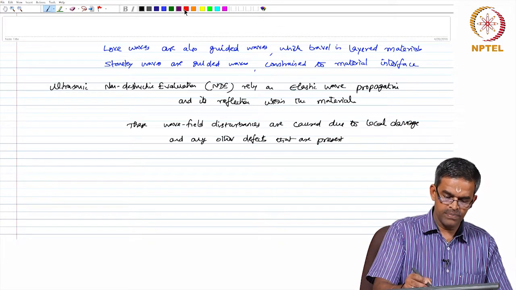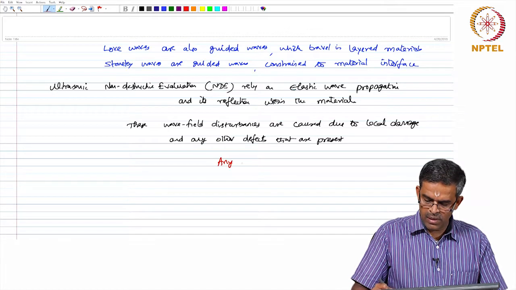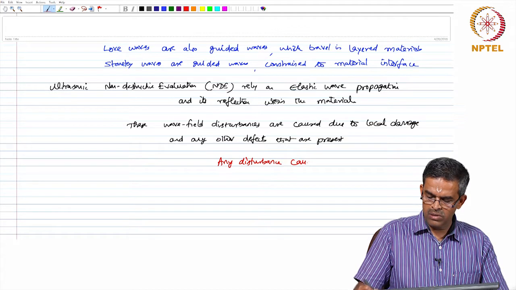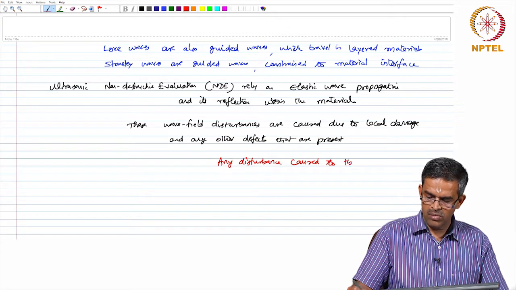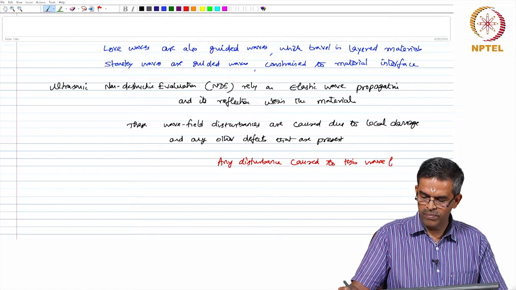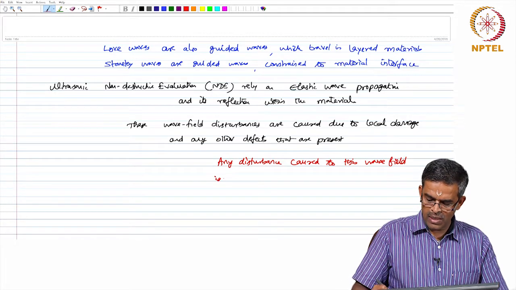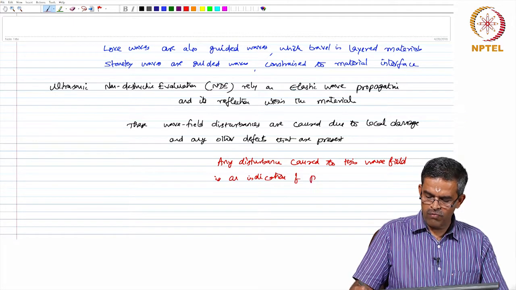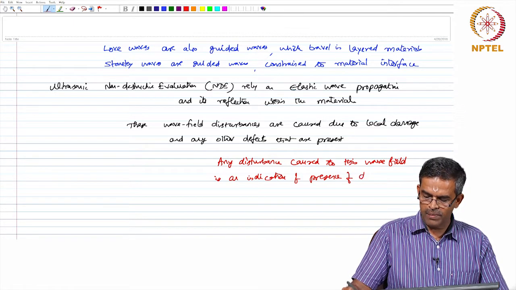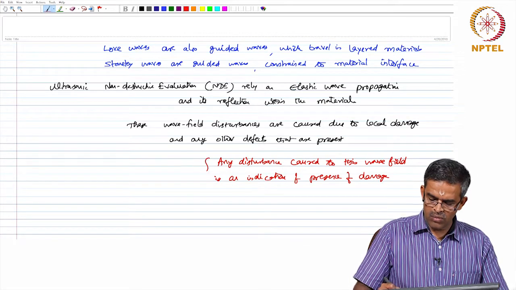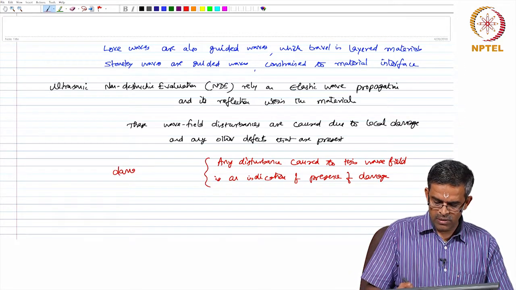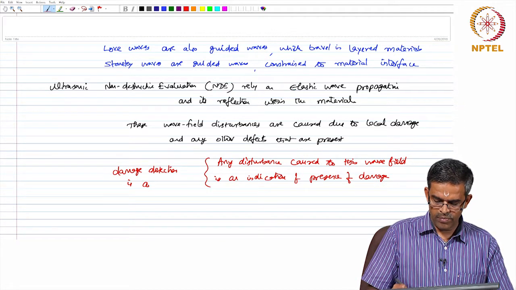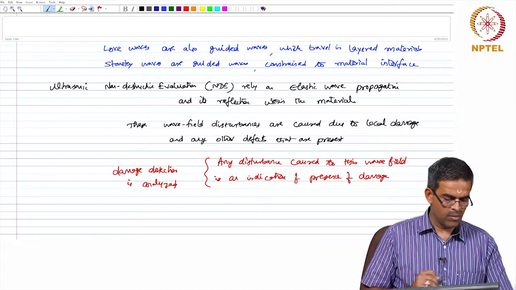On the other hand, any disturbance caused to this wave field is an indication of presence of damage. That is how the damage detection is done.